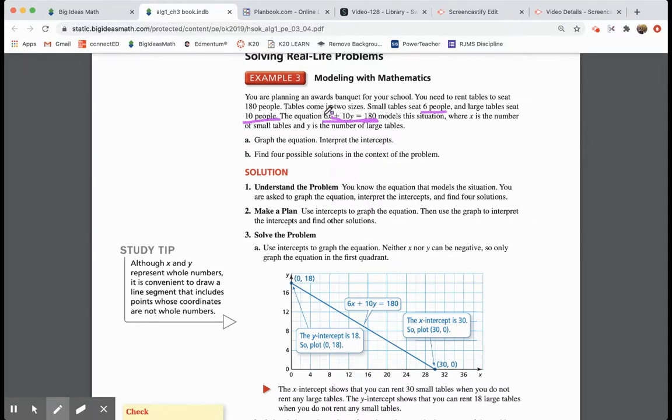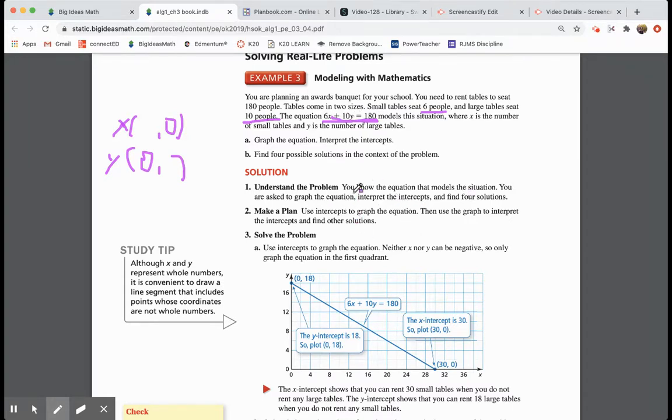So first, you're going to have to find your x and y intercept. So your x-intercept is the point where y is 0. Your y-intercept is the point where x is 0. So to solve for x, we're going to plug 0 in for y.